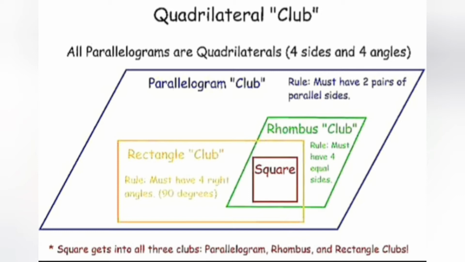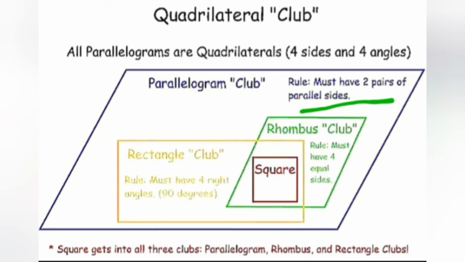Here it is given with the help of a club diagram. The quadrilateral club, inside it parallelogram, rhombus, rectangle and square all will come. What exactly is a quadrilateral? It has 4 sides and 4 angles. So all parallelograms are quadrilaterals because they have 4 sides and 4 angles. Now, what exactly is a parallelogram? The most important rule for a quadrilateral to be a parallelogram is that it must have 2 pairs of parallel sides.